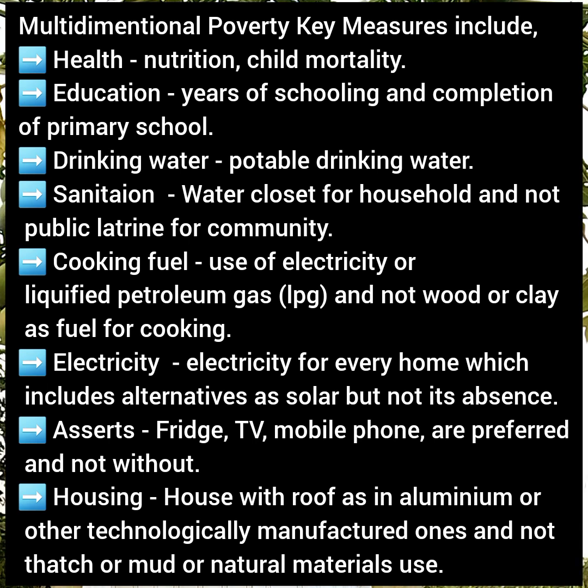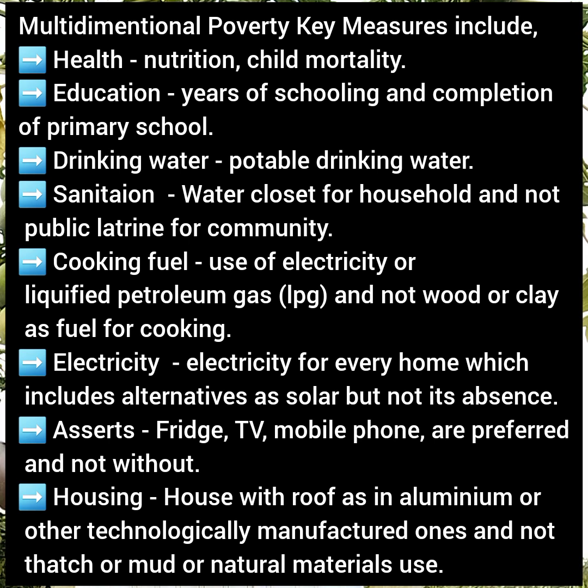If you live in a house where the roof is natural material, say thatch, you are poor. If the roof is mud, you are poor. If your house is made of mud and the roof is mud or thatch, it pushes one into the poverty bracket. That's one fact of it.